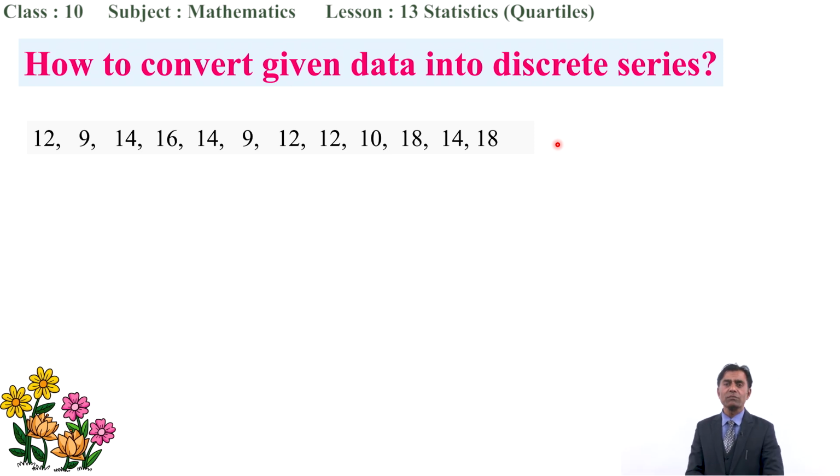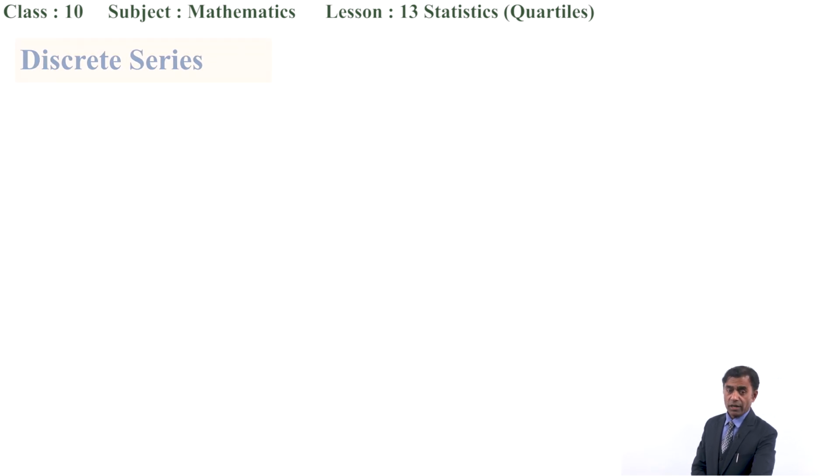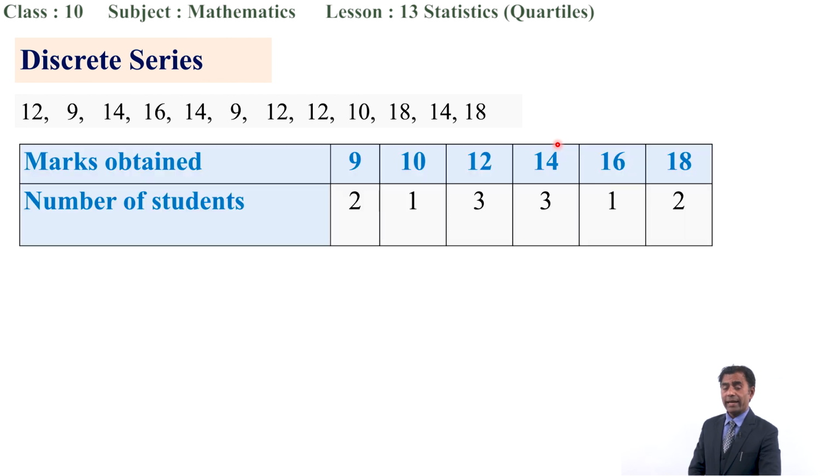To convert this individual data into discrete data, we write it in tabular form: 9 marks obtained by 2 students, 10 marks by 1 student, 12 marks by 3, 14 marks by 3 students, 16 by 1, and 18 marks by 2. We can write it in grouped form, that is, discrete form.